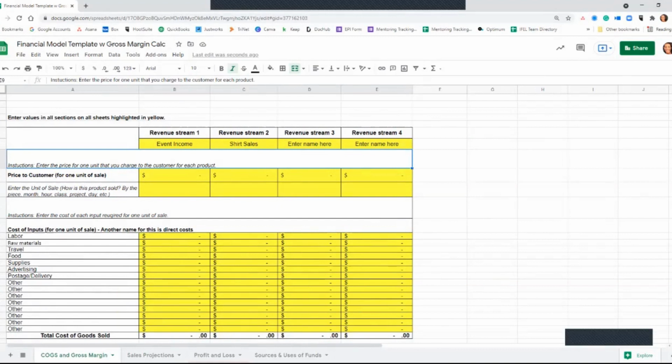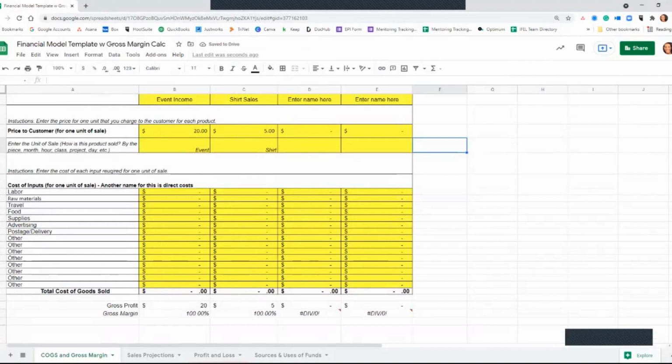So here you're going to put in the price of one unit of sale. And let's say that's $20. And this is $5. And enter the unit of sale. So is this per event? This might be per shirt.